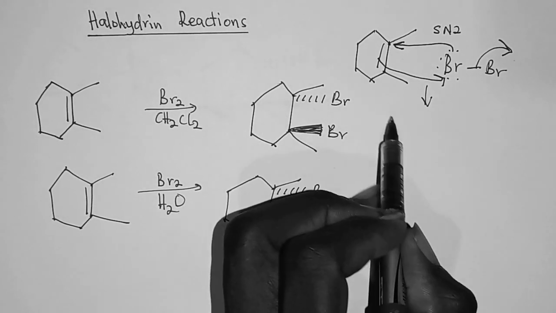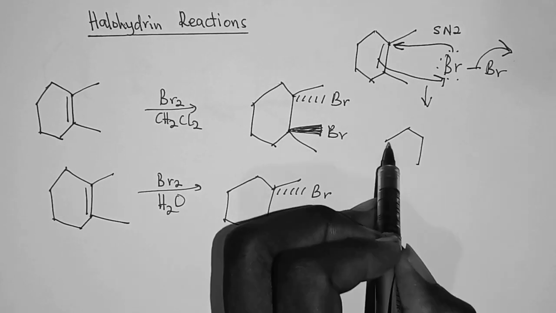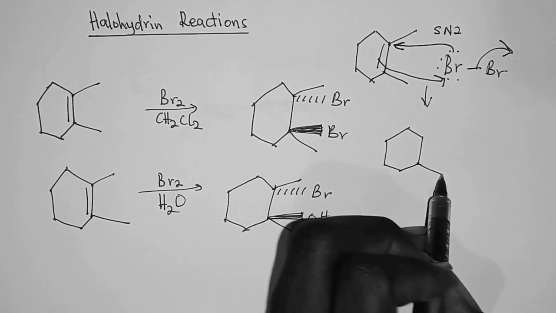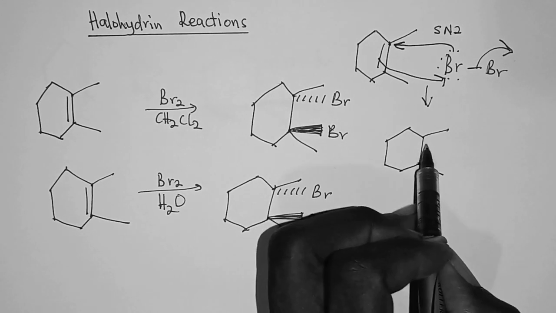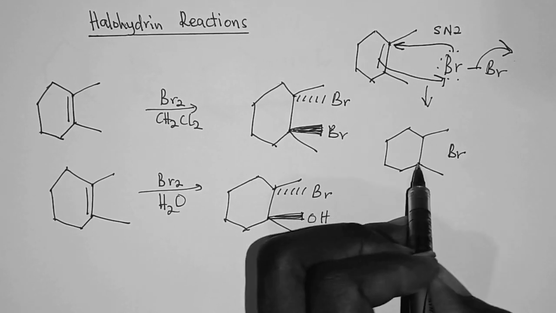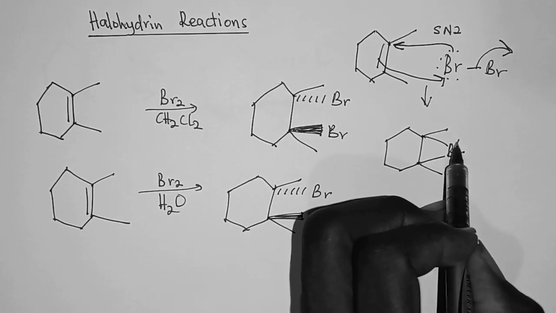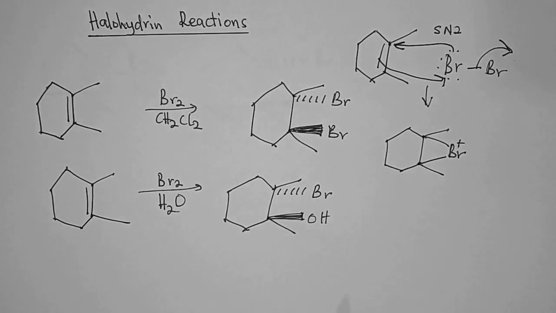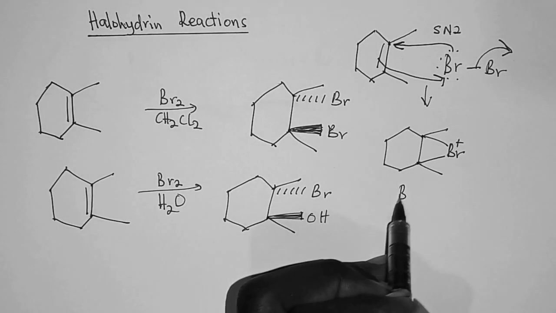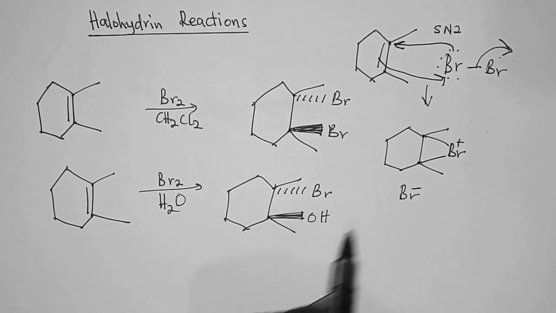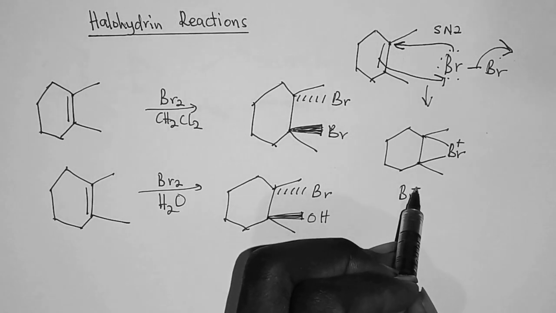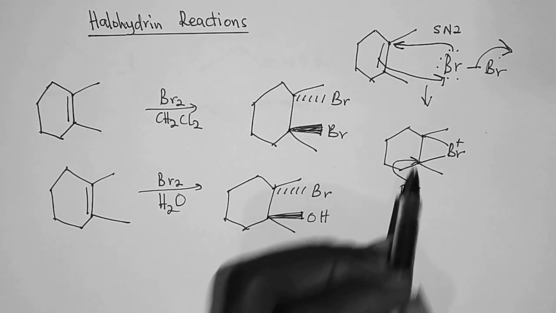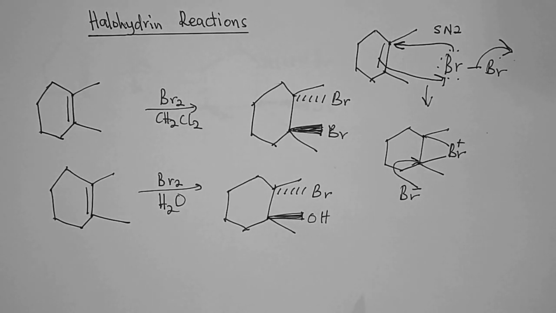So this will lead to this intermediate with a positive charge. So in the subsequent step, this Br minus that we cleaved off will come and attack the cyclic bromonium intermediate at the back.